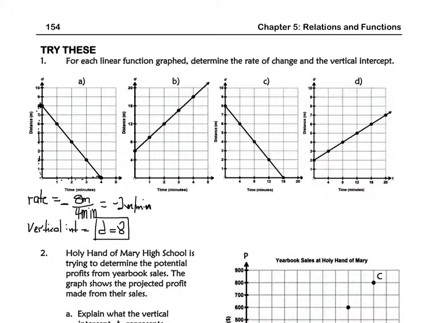So the second graph has a rate. If you just use any two nice points, I'll use this one here and this one here. If you look at the path, I'm going to draw a triangle path there, the vertical and the horizontal. You get a change from a height of 6 up to a height of 12, so that's a change of 6 meters.